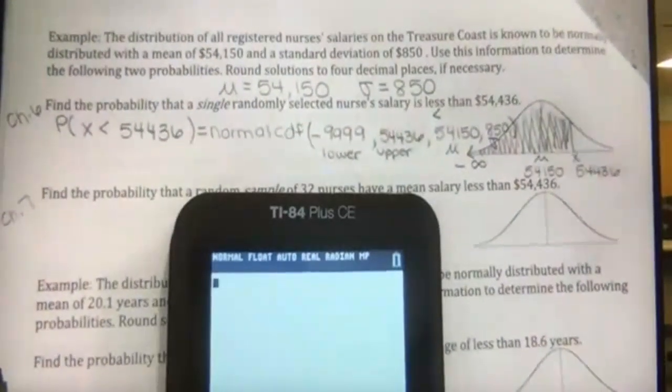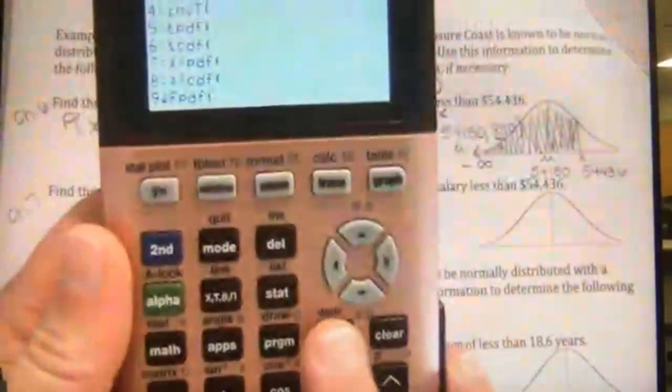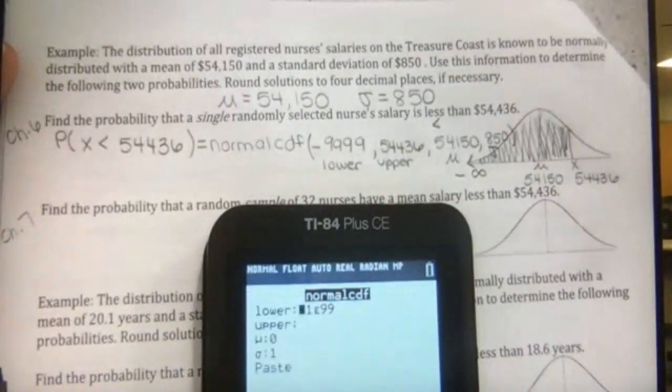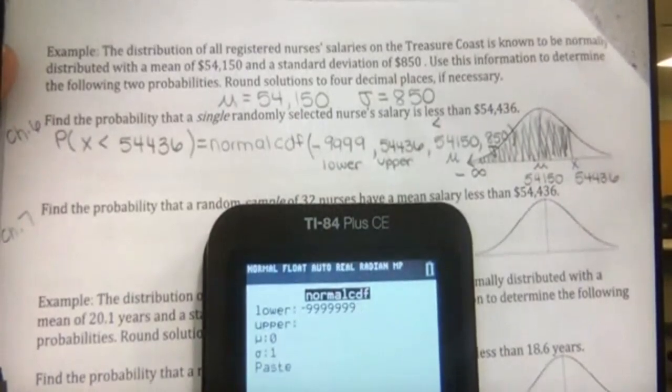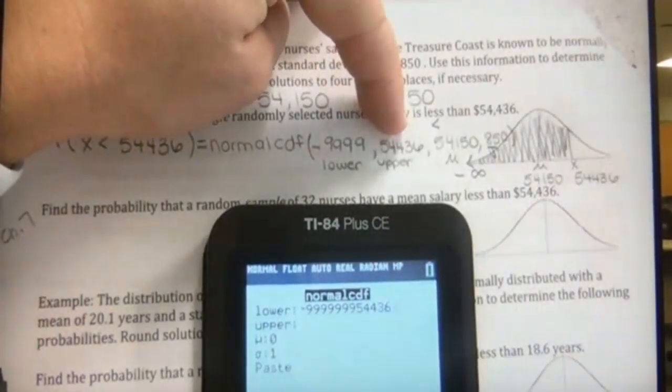In our calculator, remember it's second bars, which is our distributions, going down to number 2, which is normal CDF. Our lower limit is negative infinity, so negative 99999 to represent negative infinity. Our upper limit is 54,436.